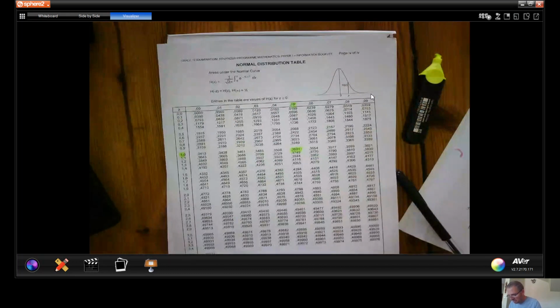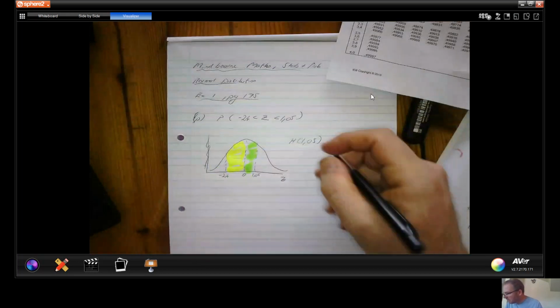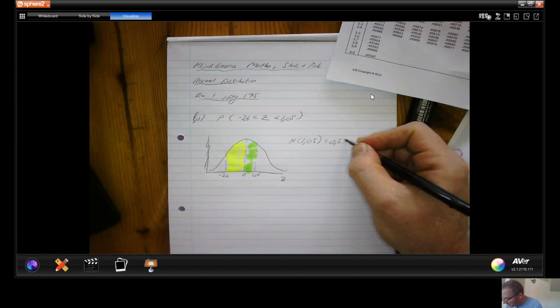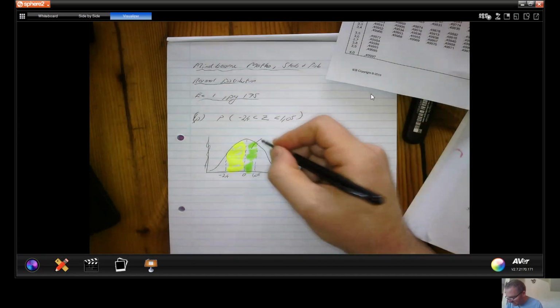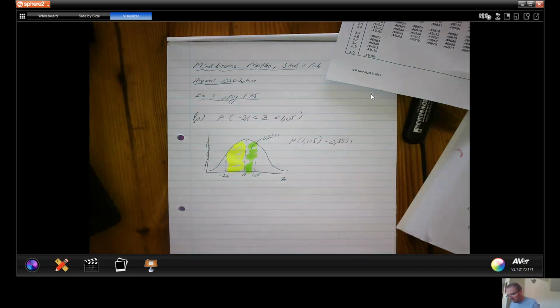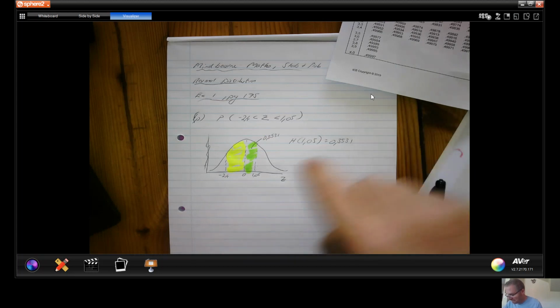So you should get 0,3531. So H of 1,05 is equal to 0,3531. So that's that area over there. Okay. And then I'm looking for the yellow area.